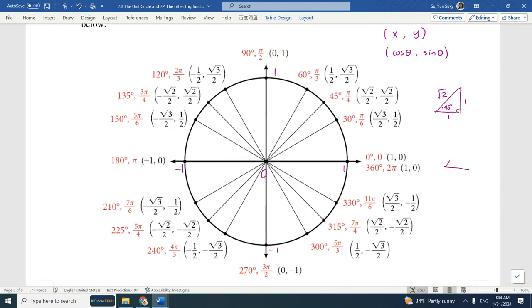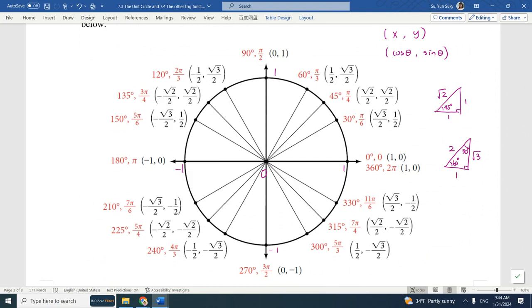And then we also talk about 30 degree. And then this one is 60 degree. So we have, this is what? 1. Then the hypotenuse is 2. And the other side is square root of 3.